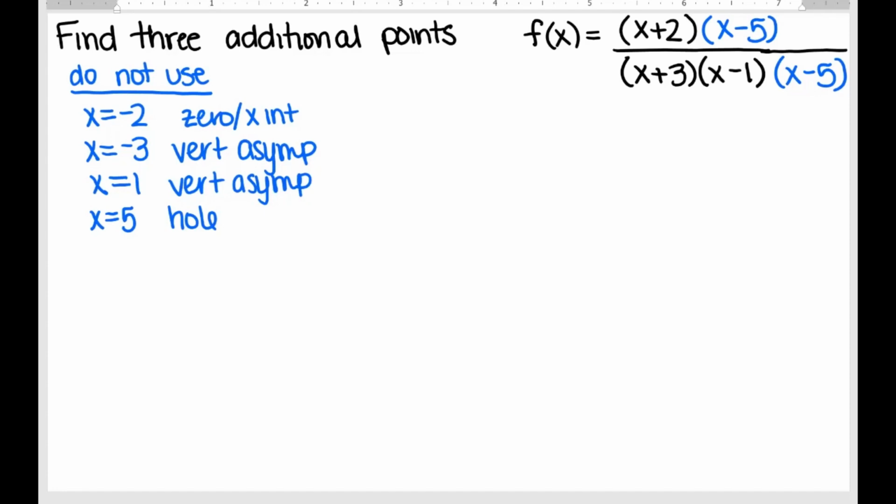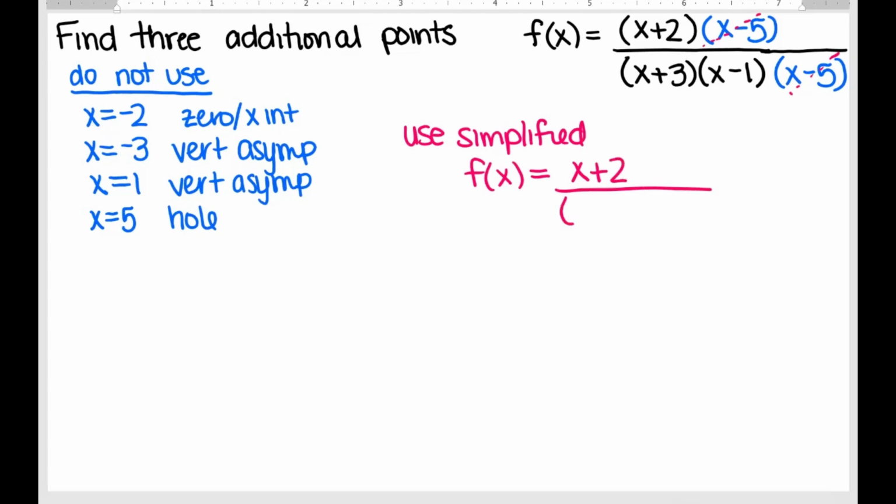And you're right. We need to use the simplified form. So we're going to use the simplified f of x, which is going to be our x plus 2 all over x plus 3, x minus 1.